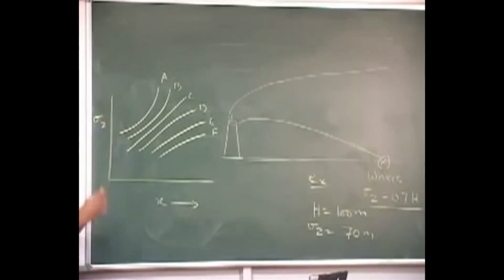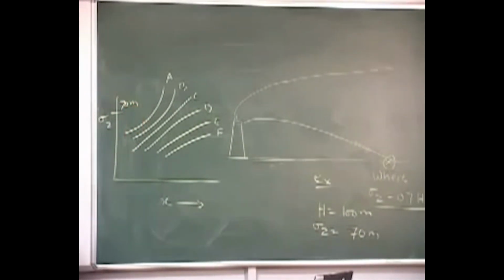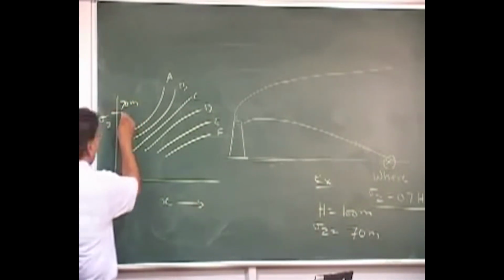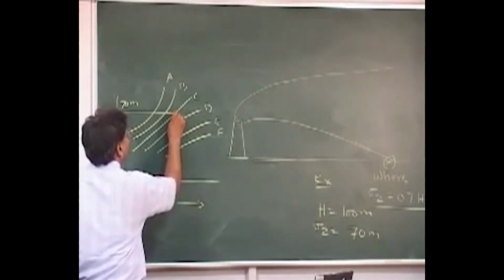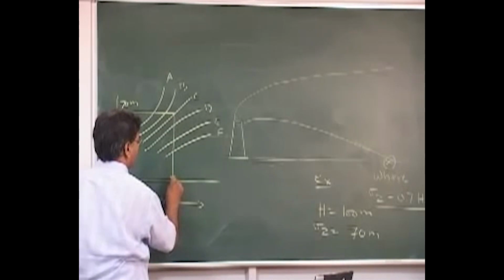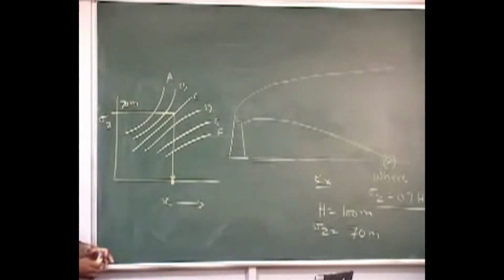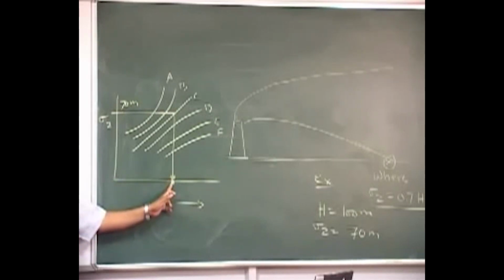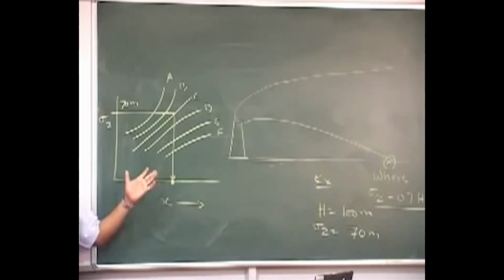I go onto here and strike 70 meters, and my stability was, let us say, C. So this is my distance where maximum ground level concentration will occur, right. Does everyone agree? Right? Okay.